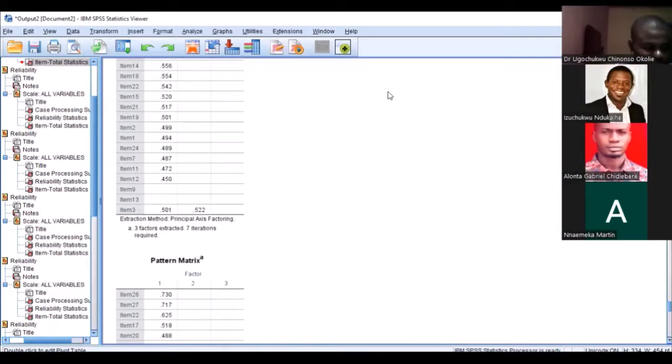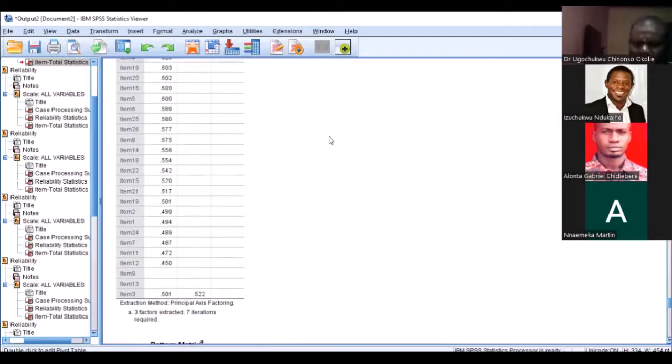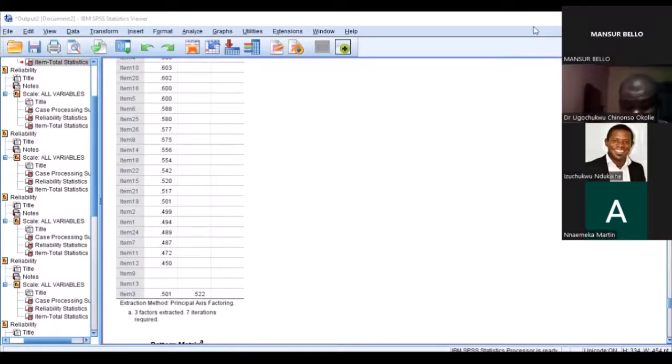I want to confirm, can one test for only one factor? Yeah, you can do one factor. For example, in this study, I'd like to show you a particular study. You can check individually to know whether they are meeting the criteria.